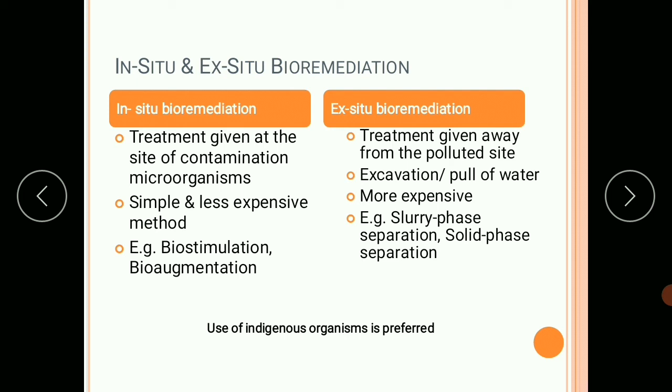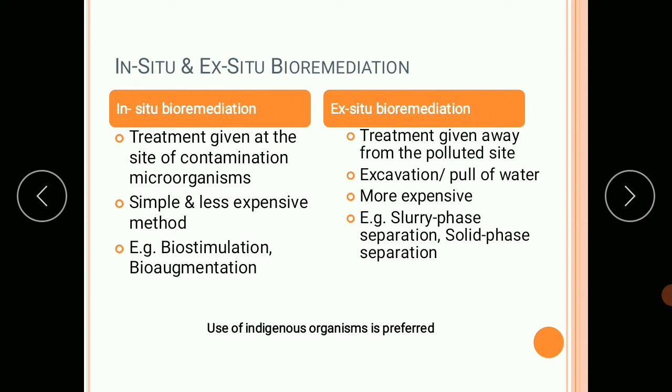In ex situ bioremediation, the treatment is given away from the polluted site. Consider an example. Let's say there is some underground water which is already polluted, and we need to pull off that water, or excavate the soil if the soil is polluted.